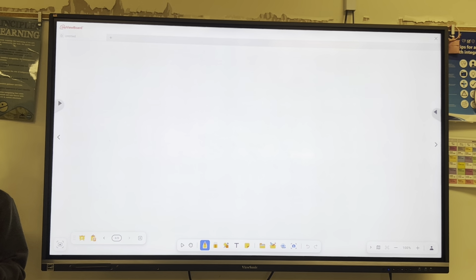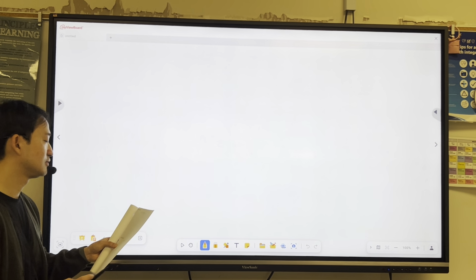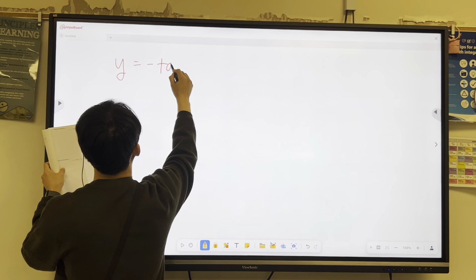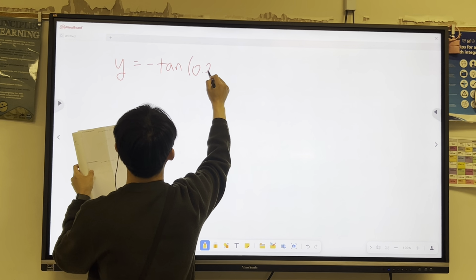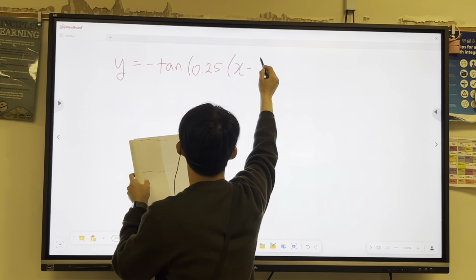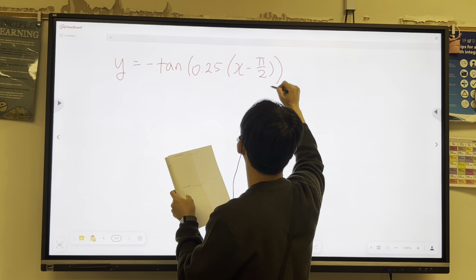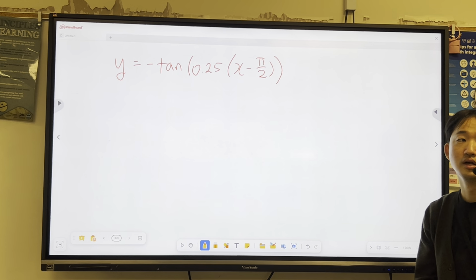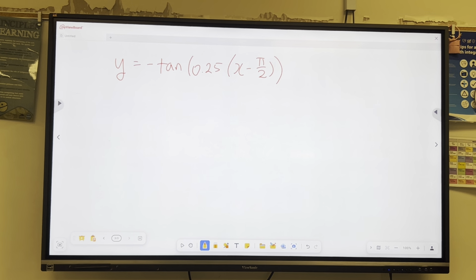Now we're doing the tangent equations. So once again, let's start with the first step.